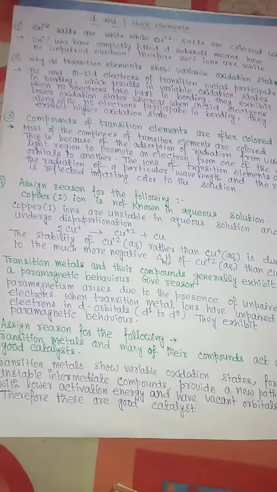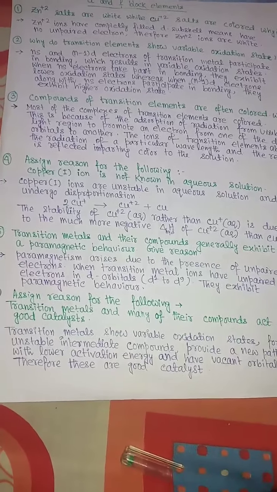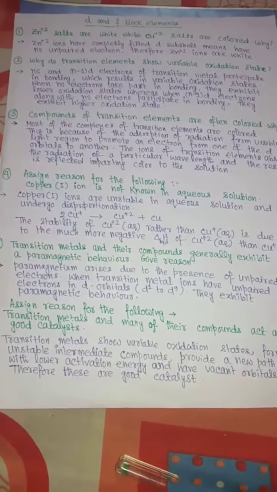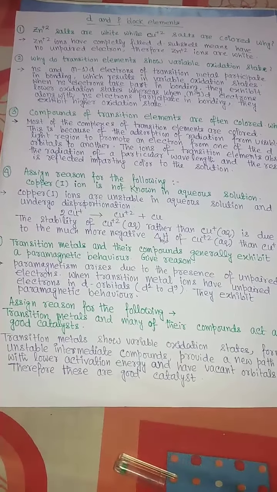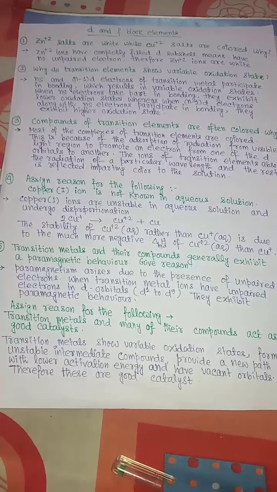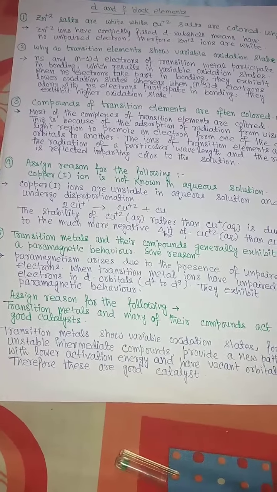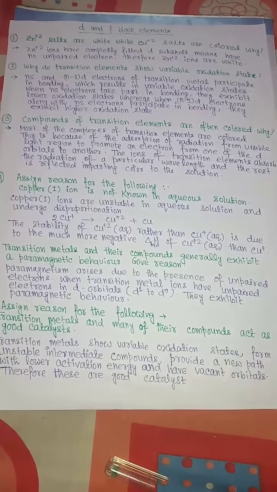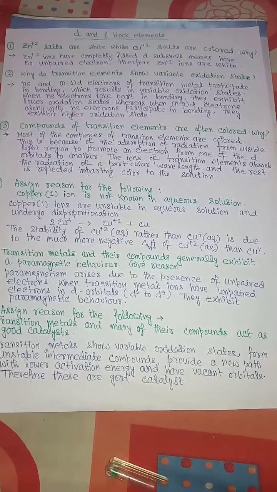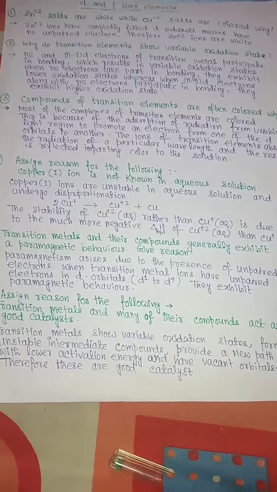Okay, question number 4. Assign reason for the following. Copper(I) ion is not known in aqueous solution. Answer: Cu+ ions are unstable in aqueous solution and undergo disproportionation reaction. That means the intermediate oxidation state goes to a higher and a lower oxidation state.